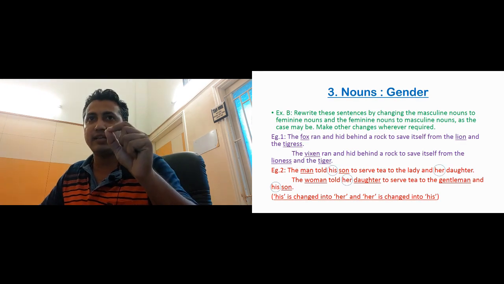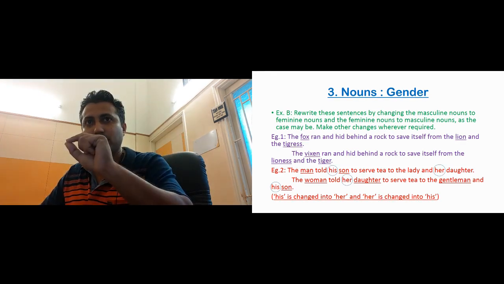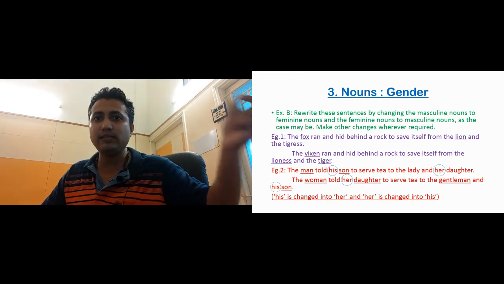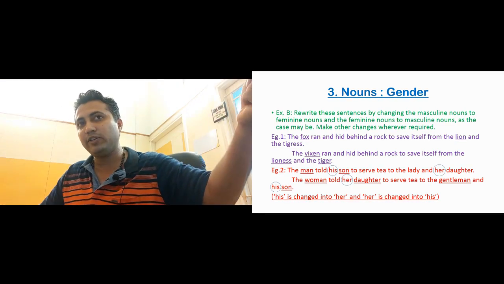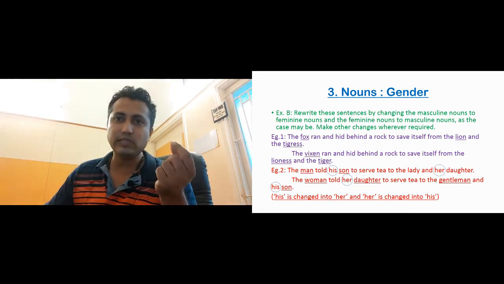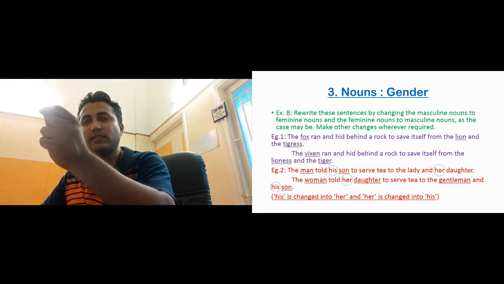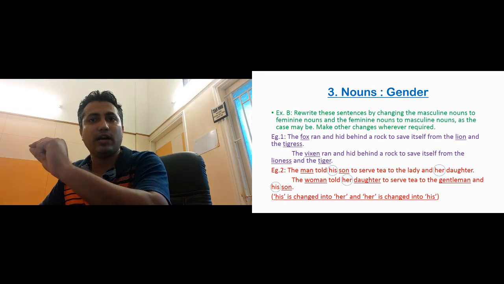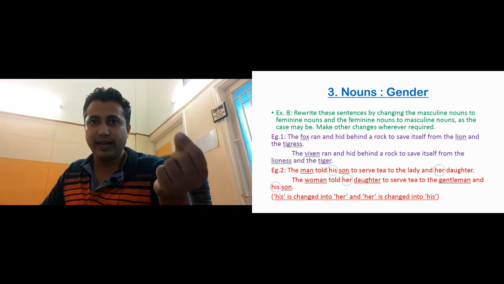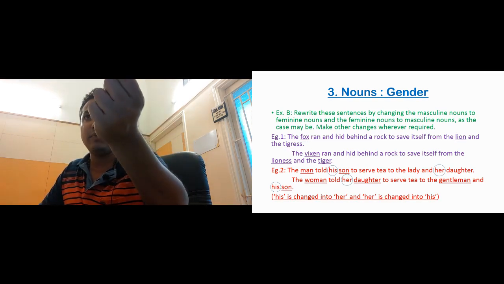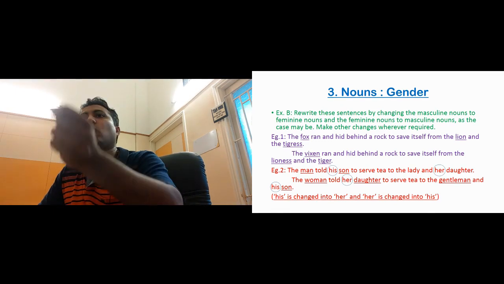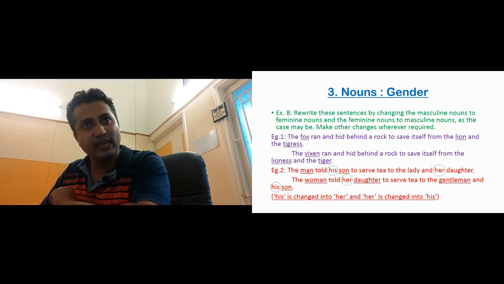In the question sentence, in his son, his denotes the man's son, but we changed man to woman, so his will change to her. Later in the sentence it is written her daughter. Her tells about the lady, but we changed lady to gentleman, so her will be changed to his.